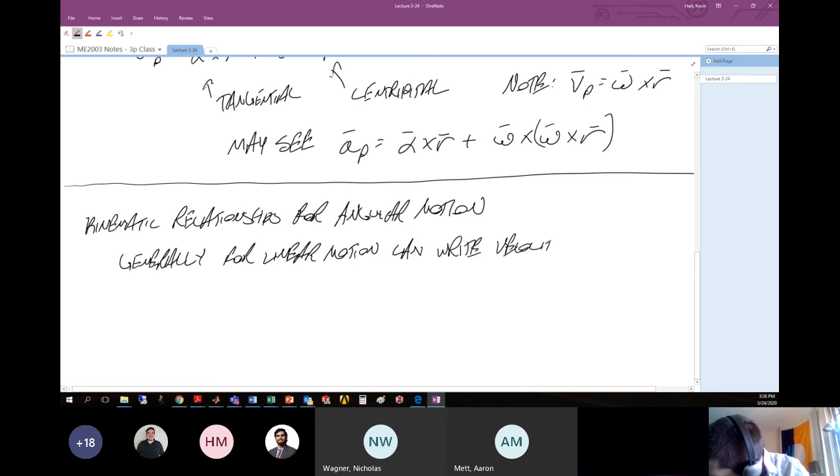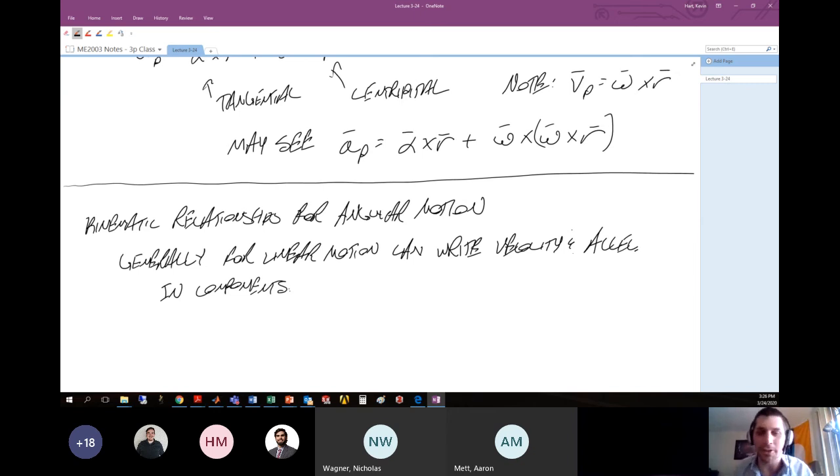The most common way that we separate acceleration and velocity vectors, or even position vectors, is into rectangular components, x, y, and z. It's what we're all probably most familiar with. There are other coordinate systems you could write it in, like cylindrical or spherical components, for instance. But here we're just going to mostly stick with rectangular components because it's very familiar to us.